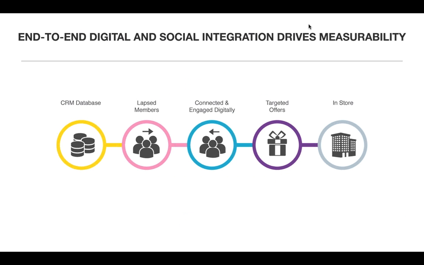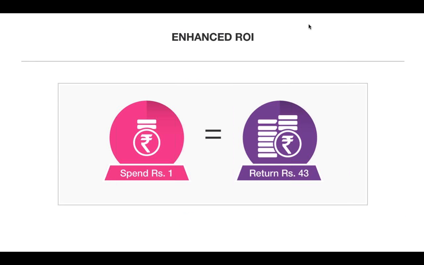So these integrated experiences that we've been talking about, these experiences based on a large amount of information, have allowed us to very specifically measure business outcomes. When you think of the CRM information or the database we have, you think of the reach of a campaign to that database. You think of the social reach of that campaign. How do we measure?